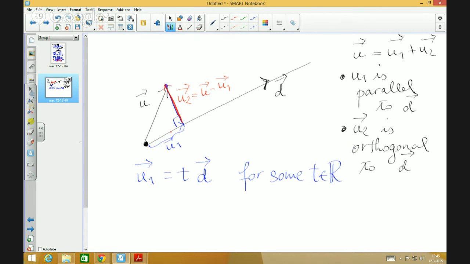Okay, but now this tells us something about u2. Therefore, u2 is actually equal to u minus t times d.